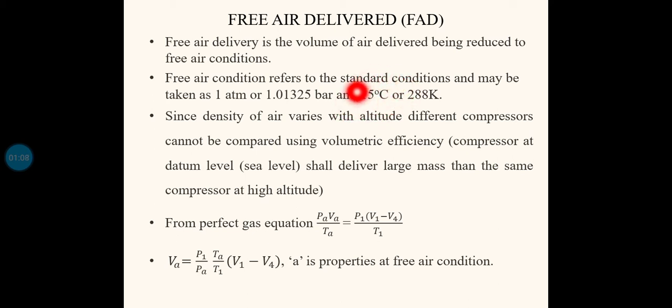Otherwise, in the problem, if the free air condition temperature is given, then we have to calculate everything based on that particular temperature. If temperature is not given, then we assume 15 degrees Celsius for free air condition. This is the standard condition corresponding to sea level: pressure 1.01325 bar and 15 degrees Celsius.